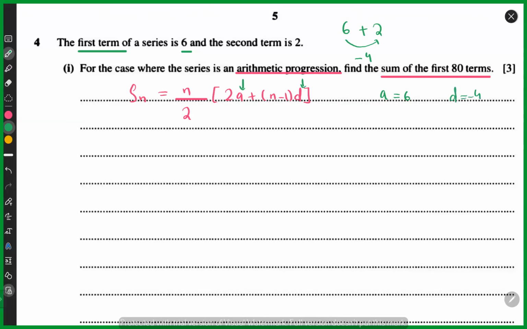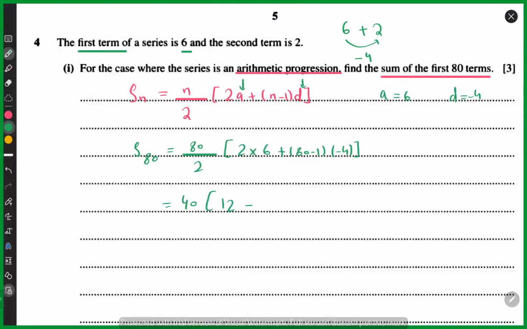Now I have everything. Sum of first 80 terms is going to be 80 divided by 2, and then 2 multiplied by the first term, that is 6, plus 80 minus 1 into d, that is negative 4, and this would give you 40 into 12 minus, again you can just do it directly as well.